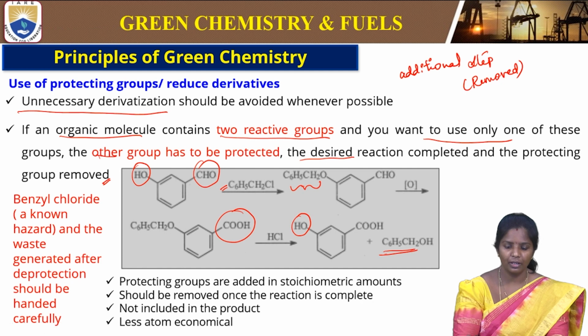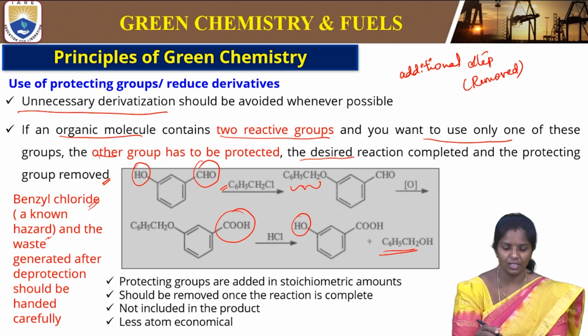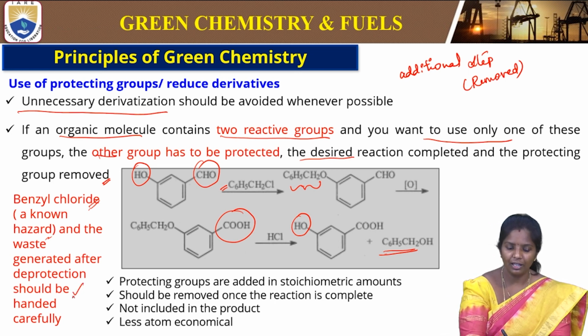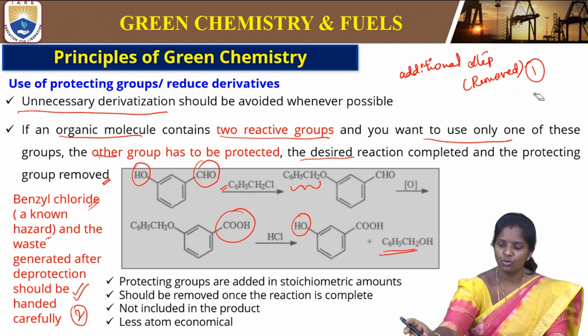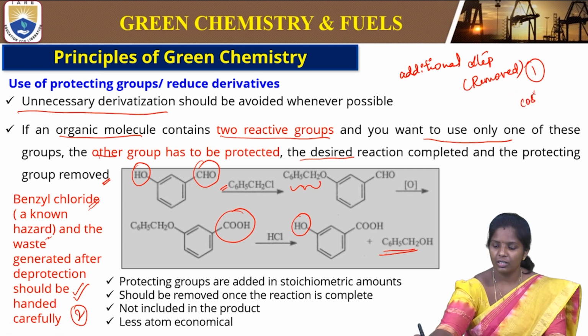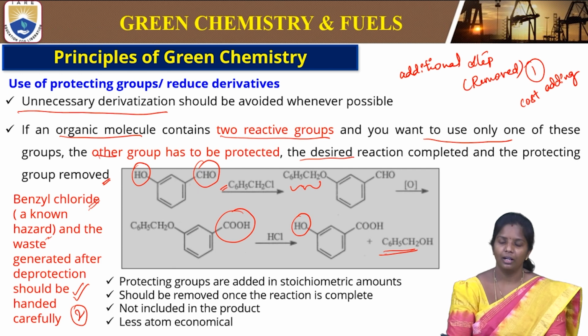This has to be removed, and the benzyl chloride, which is known to be a hazard, and the waste generated from this deprotection should be handled very carefully. This is step 1 and step 2. These two steps add cost to the manufacturing.